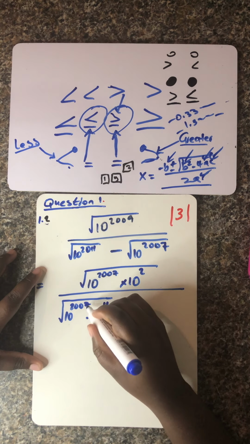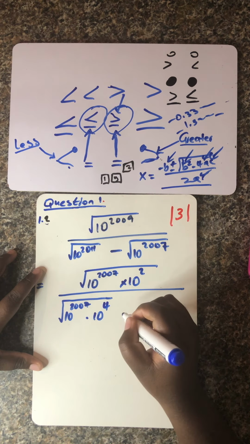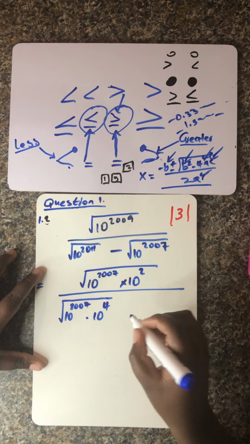Obviously 4, because 4 plus 7 is equal to 11. So you just say minus the square root of 10 to the exponent 2007. No need to change that one, because we decided to make everything have 10 to the exponent 2007.